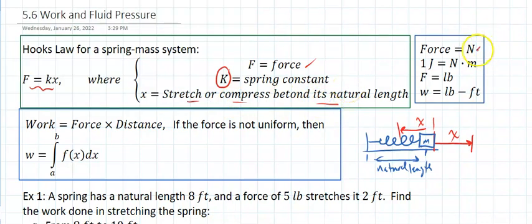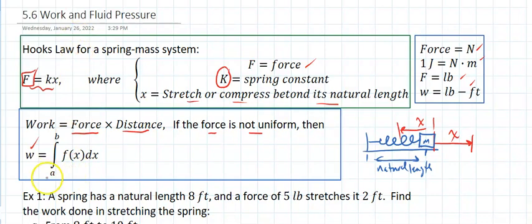Now, some of the units that the books use, those are given in the problem. And work equals force times distance. Well, if the force is constant, then you just multiply the two. But if the force is not uniform, if it varies, then the work would be the integral.